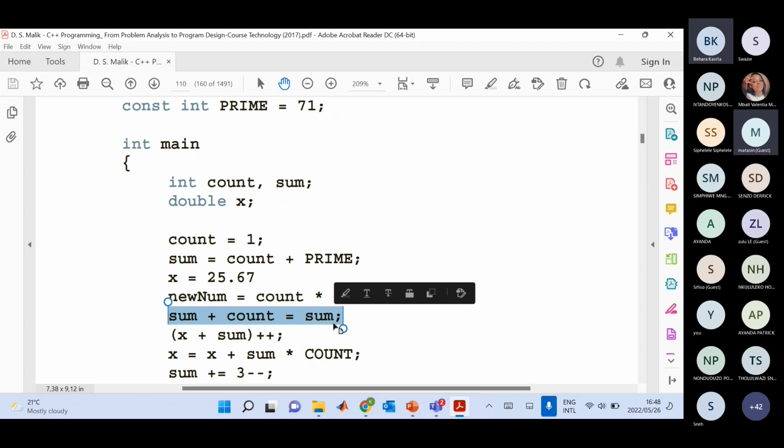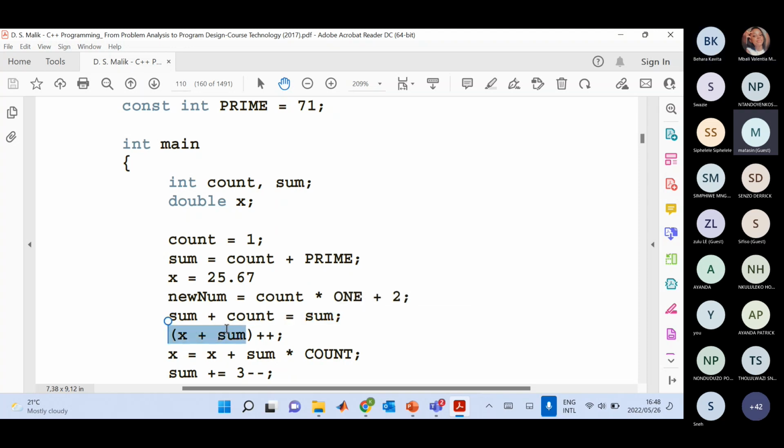Am I clear? Makes sense, right? So it should be the other way around. The sum must come in front and the equals to must be before this sum. Okay. Right. Is there any mistake here?